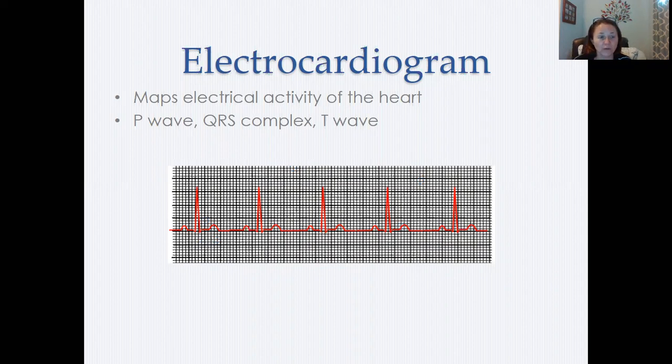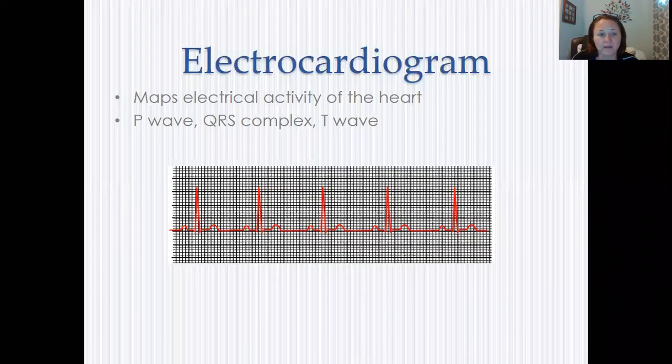We're going to focus on reading normal in this presentation because it is so important to learn normal to be able to understand abnormal. If you have a good grasp of what normal is, then you'll understand when there's something abnormal, what that means for your patient.